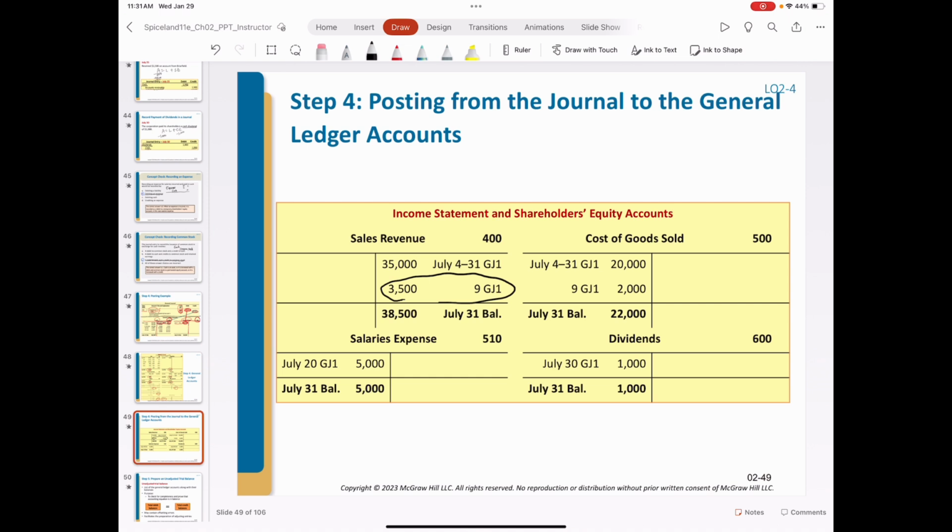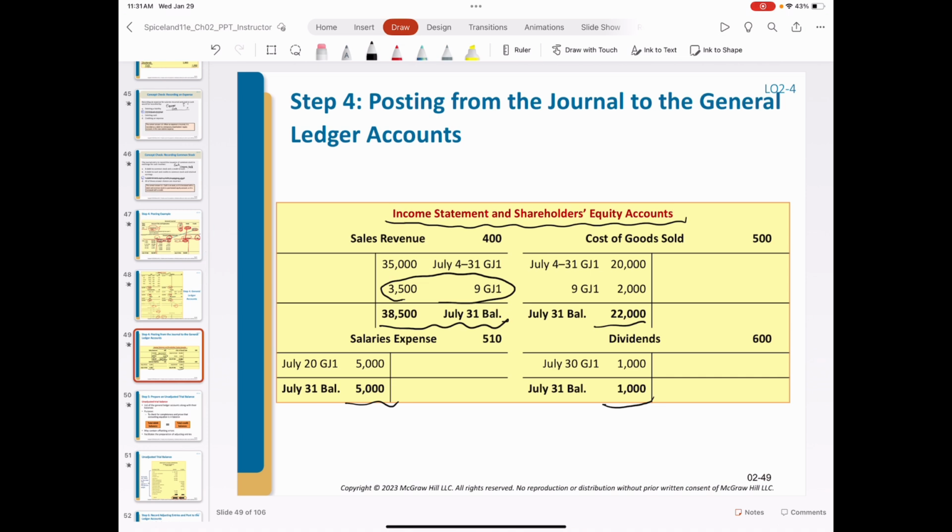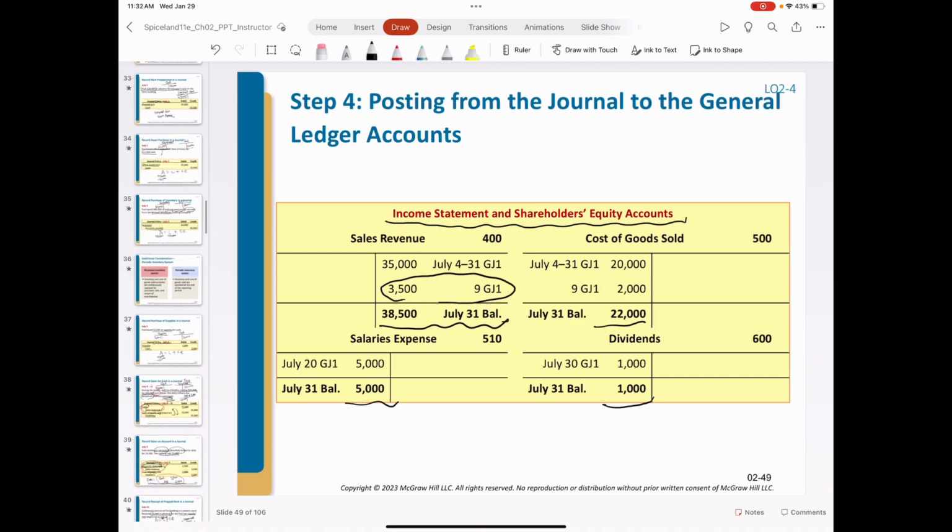The second page shows the T accounts of the income statement and dividends. In this page, you only see revenues, expenses, and dividends. They're all temporary accounts. We also have the ending balance of each T account for revenue, expenses, and dividends. After we post all the transaction information from the general journal to the general ledger, we have all the ending balances for each account. Then we can move to step 5.